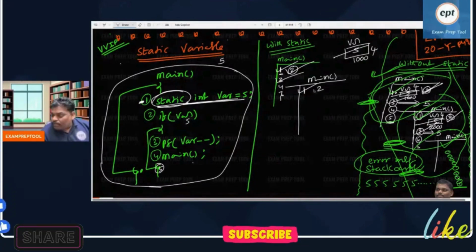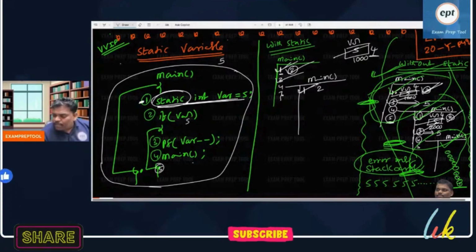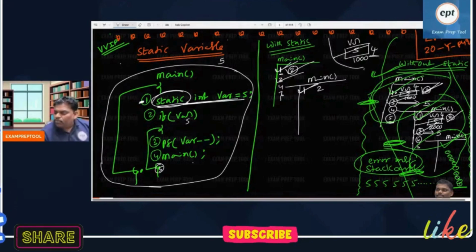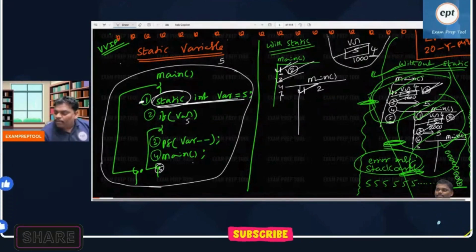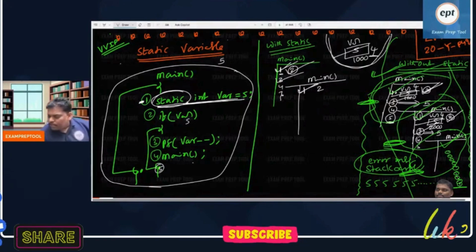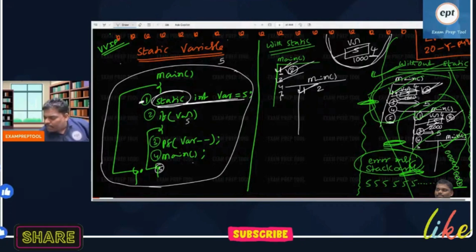If where value 4, because memory is not created here. Memory was created at compile time itself. Remember, if you use the static keyword, memory will be allocated only one time. If you don't use the static keyword, memory is allocated again and again.